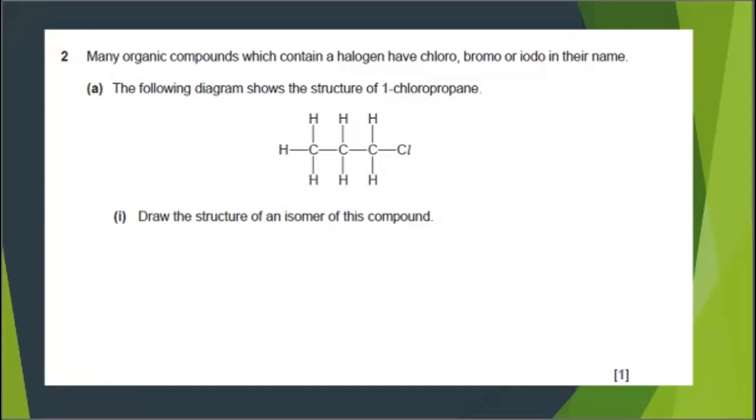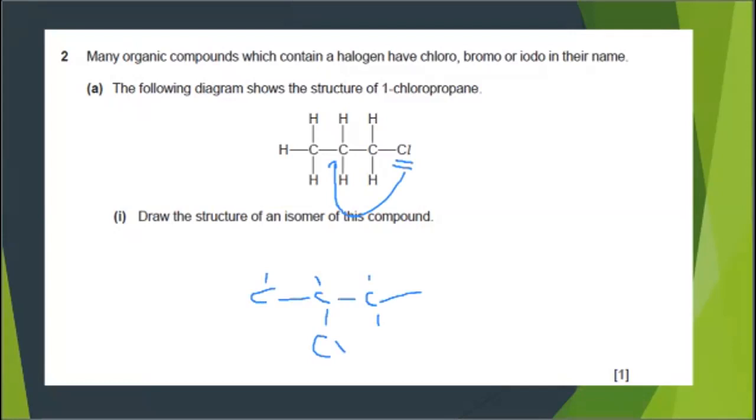All right, so in essence, what they're asking you to do is simply take this compound and find a way to move this chlorine from where it is here to another carbon. So if we were to do that, we'll have C, C, C. And we could have chlorine bonded here and hydrogens bonded all the way around.